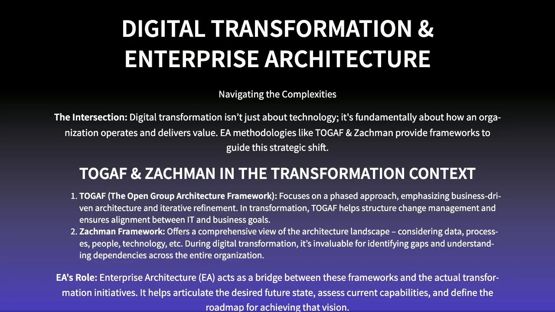Zachman, on the other hand, helps us see the bigger picture, considering all aspects of our organization: data, processes, and people, to understand where we stand and where we need to improve. Enterprise architecture is the key player here, acting as a translator between these frameworks and the actual transformation projects, ensuring that everything moves in the right direction.